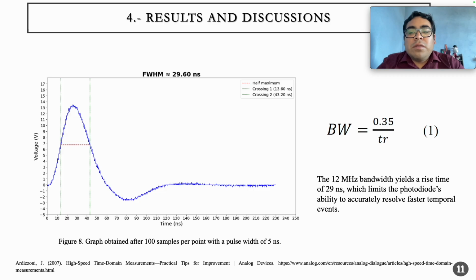This is caused by the bandwidth of the photodiode as shown in equation 1. The rise time is determined by the bandwidth, which is modeled using a first order RC circuit.